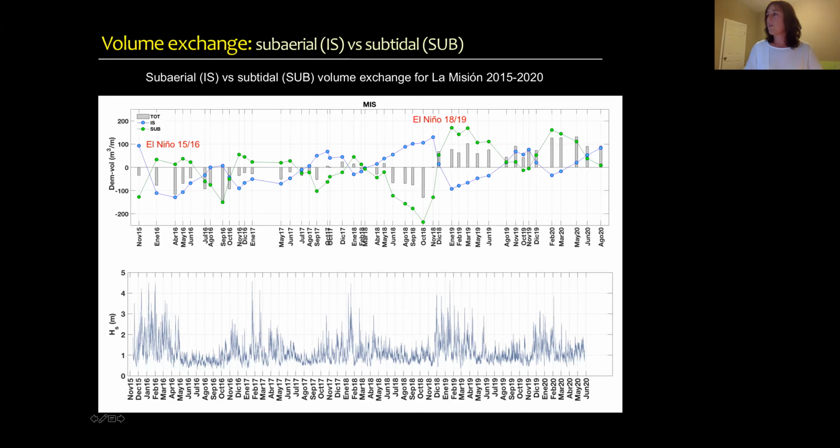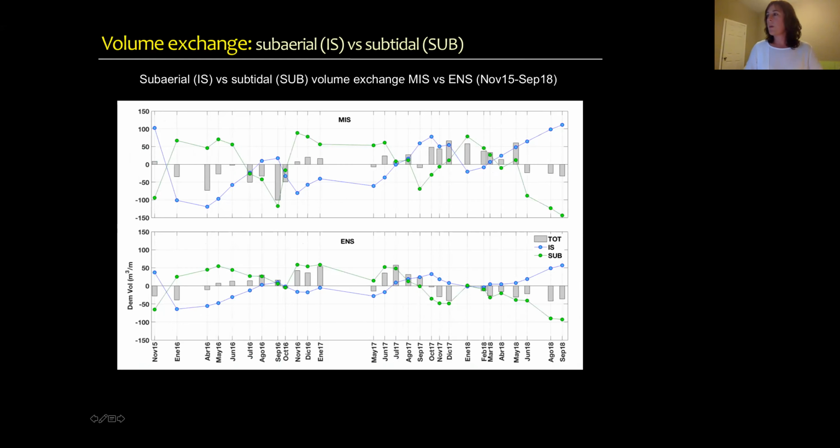Now if we compare La Misión and Ensenada, these are only the times when we measured both sites. We see a similar trend, but of course the magnitude of change in La Misión is much larger. And something interesting is that total volumes don't have much in common.